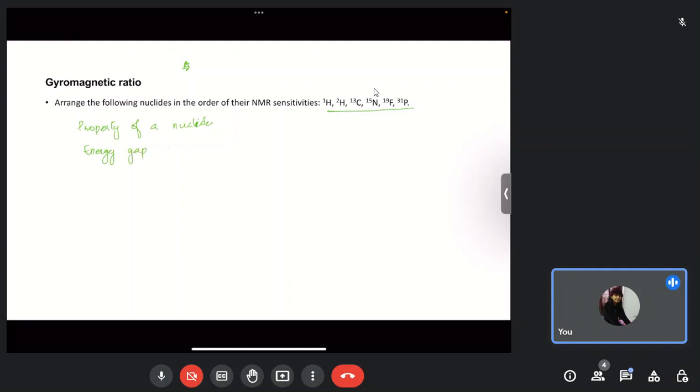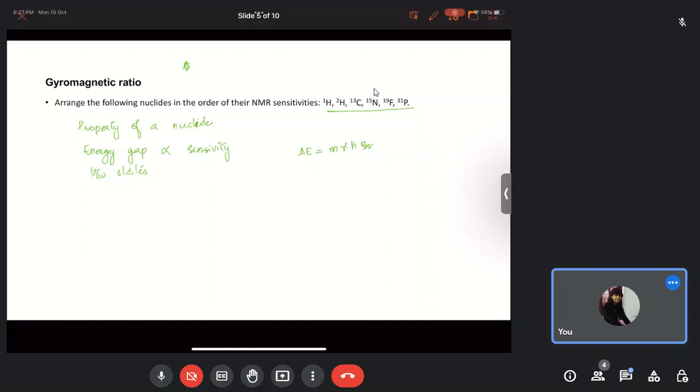Sensitivity is directly proportional to the energy gap between the states, and we know delta E is equal to gamma h-bar B0.